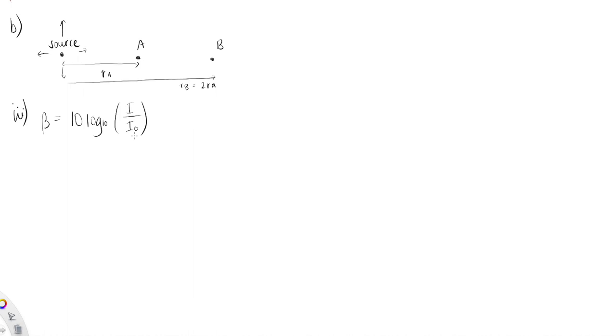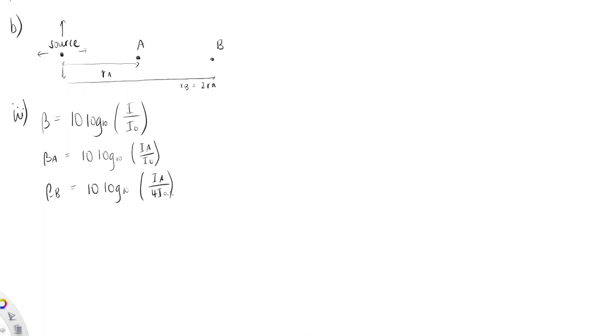So now all we have to do is calculate this for A and B. So let's do A first, because that's the easier one. And now let's write the same thing down for B.